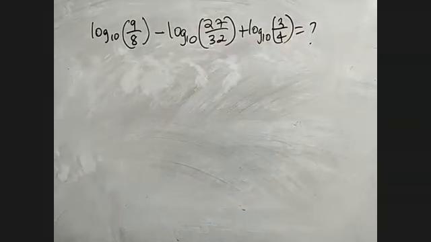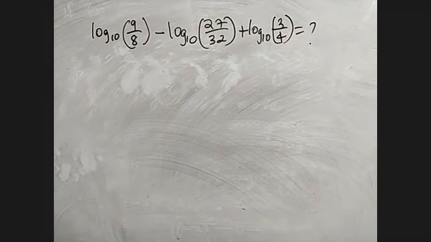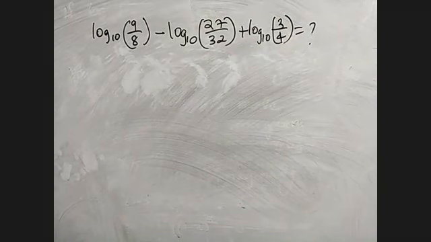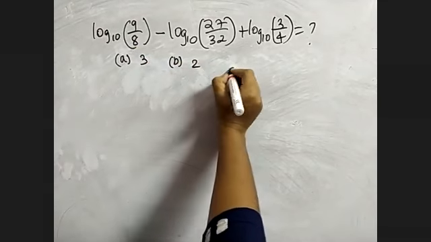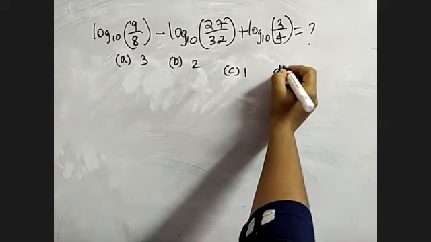Find the value of this one. Log to the base 10 9 by 8 minus log to the base 10 27 by 32 plus log to the base 10 3 by 4. Options: 3, 2, 3.